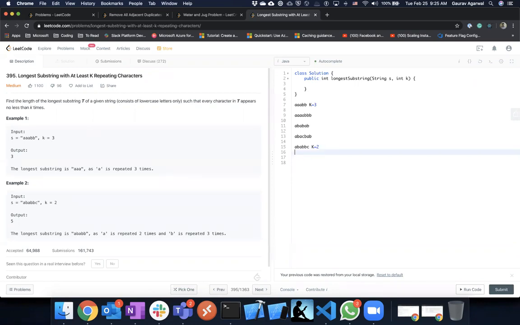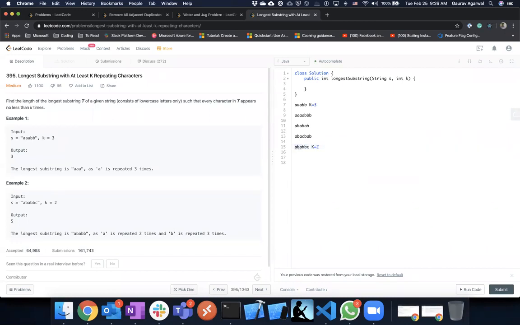So we can come up with all the substrings of size 2 within the given string and see if the conditions match. So we can have AB as the first string, then BA, then AB, then BB matches. So at this point we have the answer as 2. Then BC, then strings of length 3, ABA.